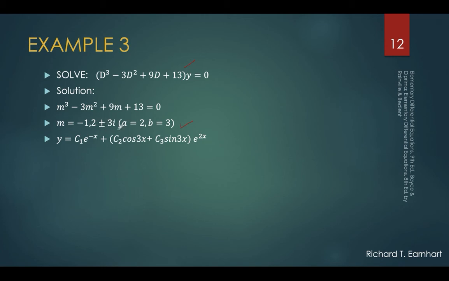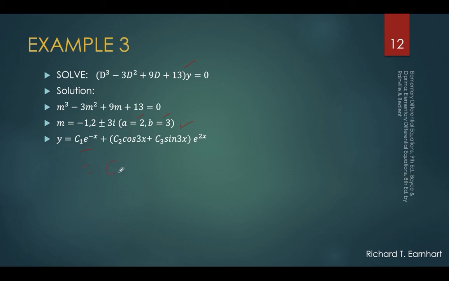If you have 2 plus 3i, then we take a equals 2 and b equals 3. So for negative 1, that corresponds to the solution c1 e to the negative x. The complex roots give you cosine and sine functions: c2 cosine 3x plus c3 sine 3x, the quantity times e raised to 2x.